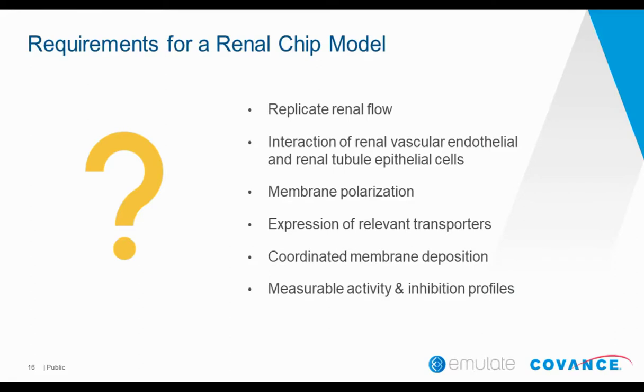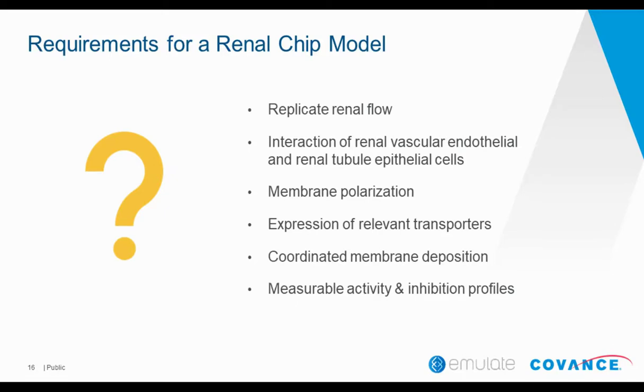So moving forward, we wanted to make certain that we were seeing the appropriate expression of the relevant transporters that are of interest to pharmaceutical companies in terms of research and development, as well as regulatory bodies in terms of both the elimination of molecules as well as the potential for drug-drug interactions. Make certain that the coordinated membrane disposition is actually translating to the activities that we would expect.